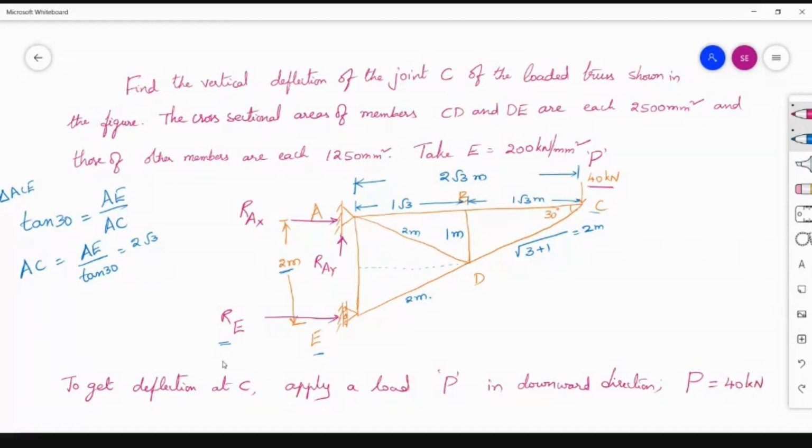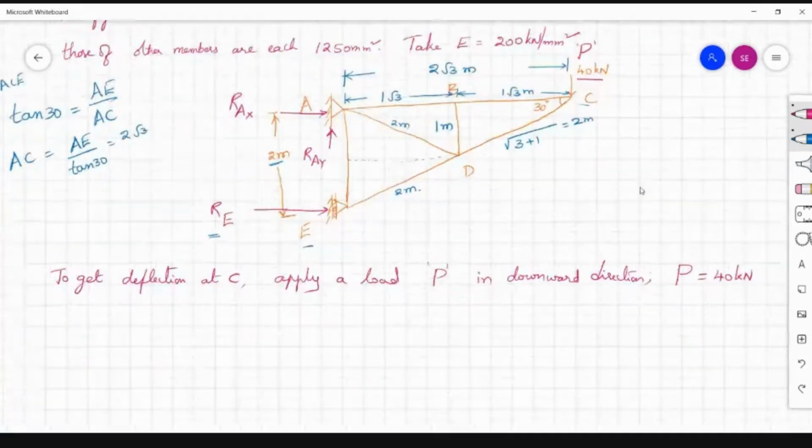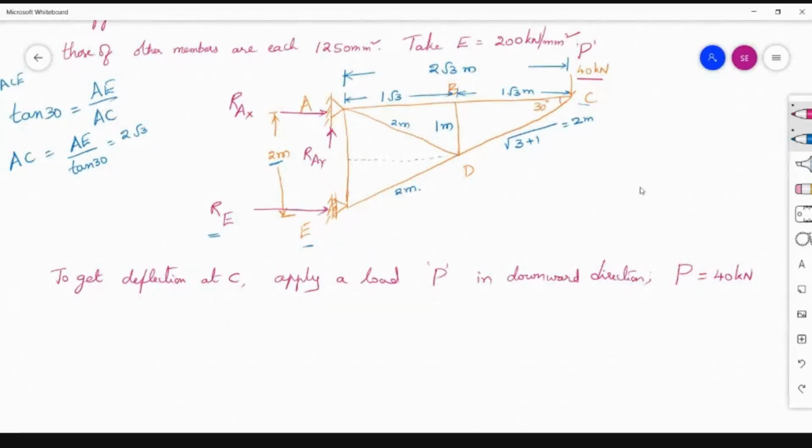In the previous case, the load was not there and we applied a fictitious load, but here we replaced 40 kilonewtons with the term capital P. At the end, we will substitute that P is nothing but 40 kilonewtons. That's very, very important. That load is to be replaced with capital P, which is 40 kilonewtons at the end.